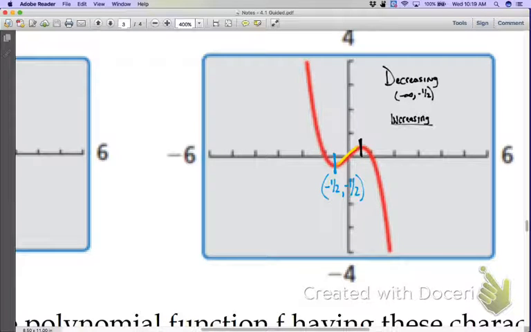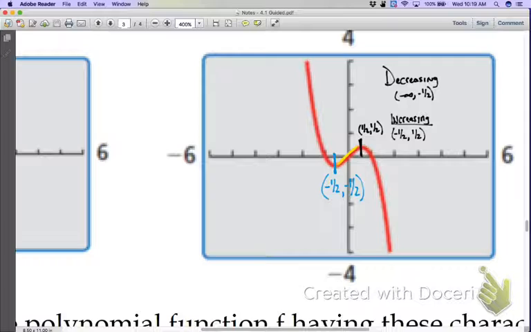From negative 1/2 to positive 1/2. So from negative 1/2 to 1/2, we're climbing the hill, right? Then whenever we get to here, what's going to happen? It's going to fall back off, right? So it's decreasing again.